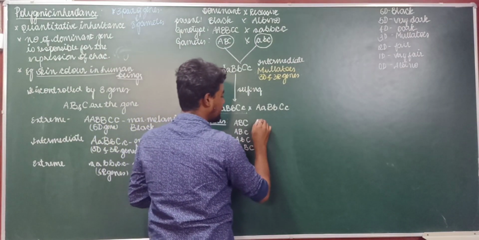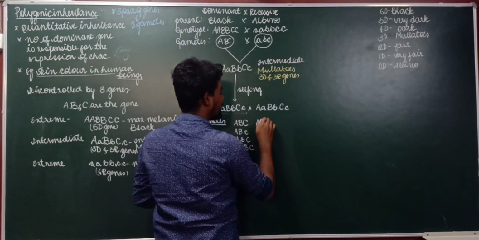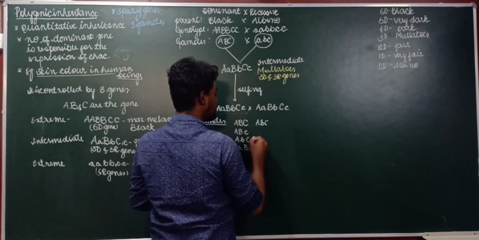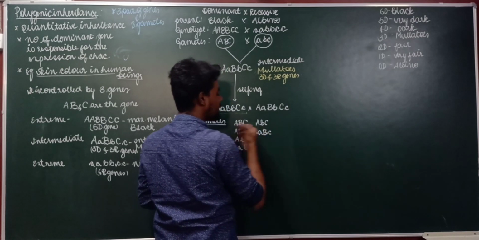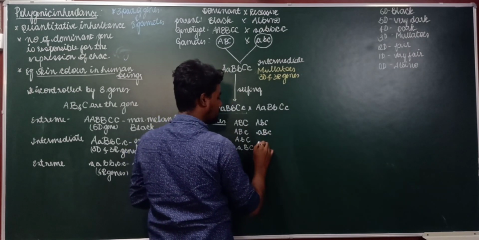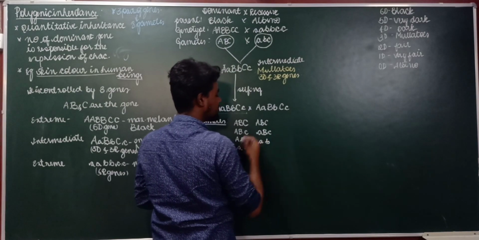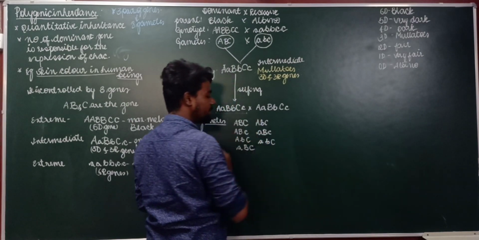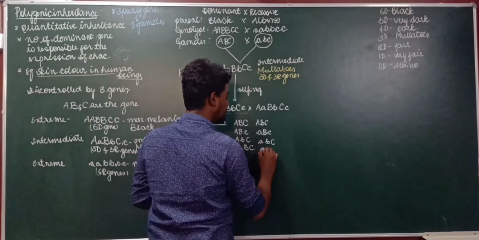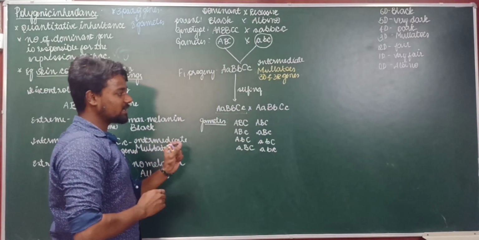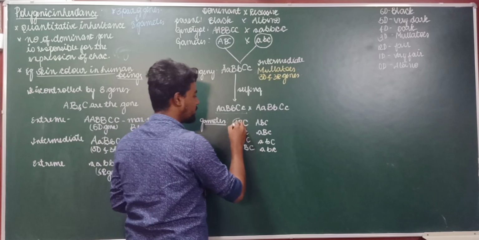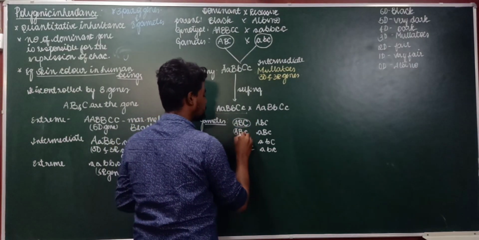After this, take the dominant allele of A and the recessive alleles of B and C. Take the recessive alleles of A and C with the dominant allele of B, then recessive B with dominant C, and the last one is everything recessive. So these are the gametes, and you have to make sure that you circle them.